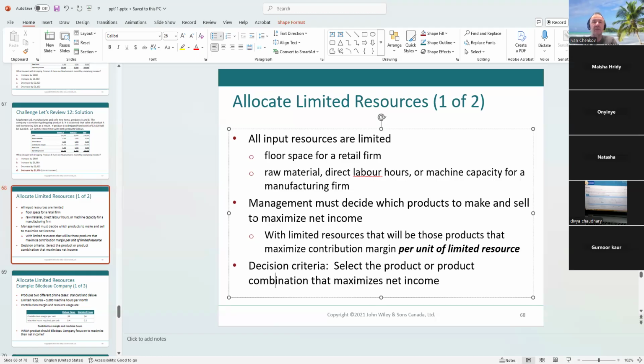Within the limited resources that you have, you're going to focus not on the product that gives you the highest contribution margin itself, but on the product that gives you the maximum contribution margin within the limited resource. So the decision criteria is to select the product or product combination that's maximizing the net income within the constraint.